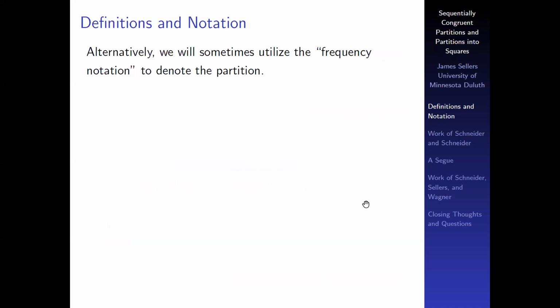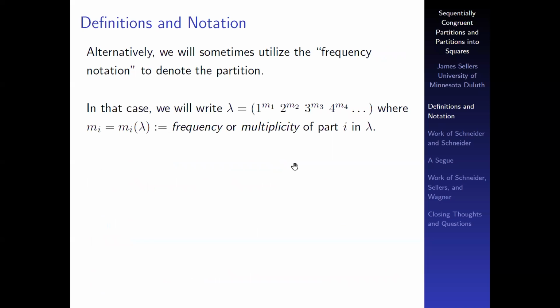So there's another way to write a partition, which goes back several decades. It's known as the frequency notation for a partition. And so in that case, we're going to write our partition lambda again with parts inside parentheses, but now no commas. And we'll have a 1 with a superscript M1, a 2 with a superscript M2, and so on.